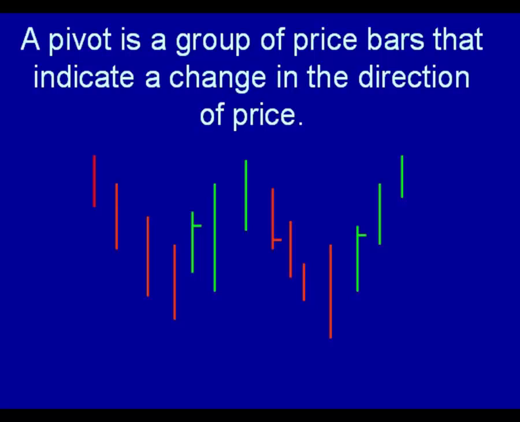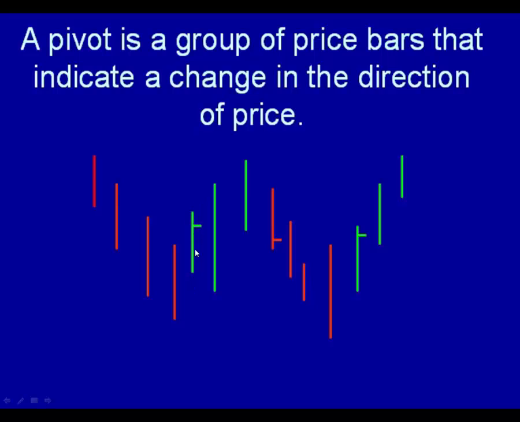So we were asked about pivots in choppy, range-bound environments. A pivot is a group of price bars that indicate a change in price. You can see here, this formation is more of a range-bound style market. So prices here: lower lows, lower highs, lower lows, lower highs. First bar that closes above the lowest low and has a higher low here, that's that green bar.